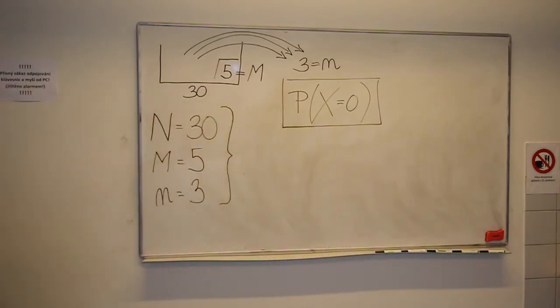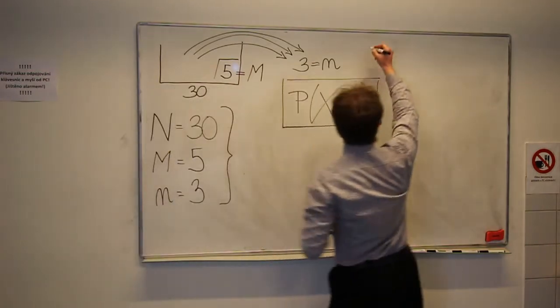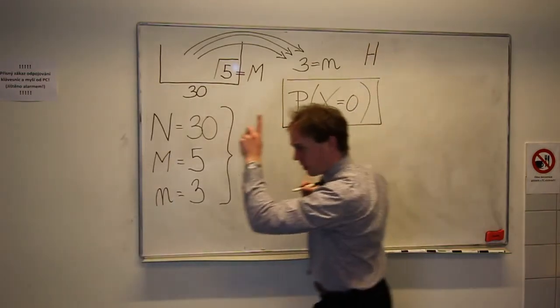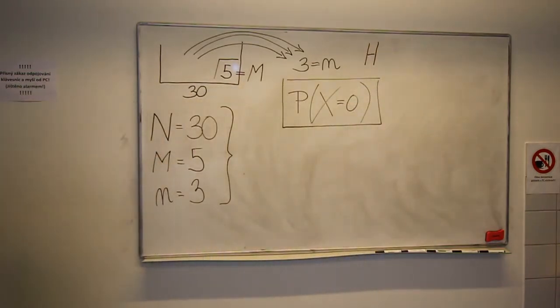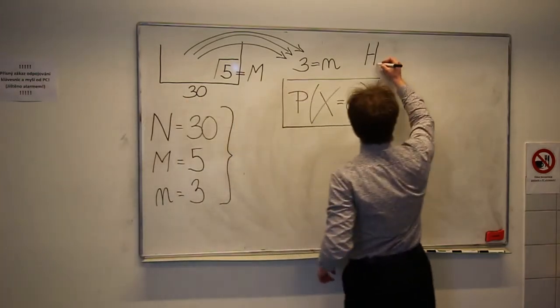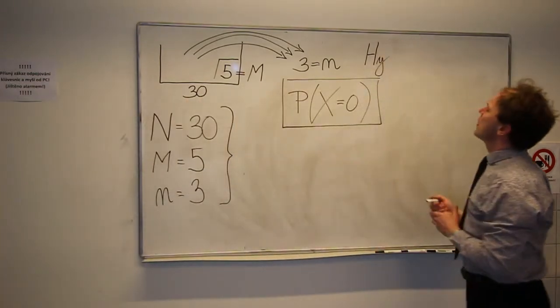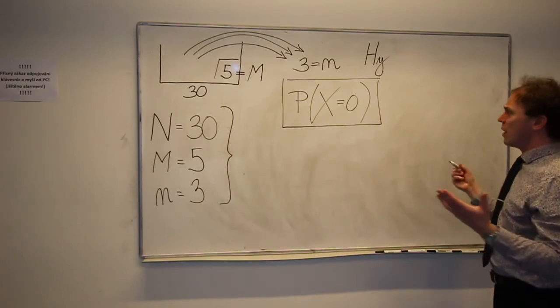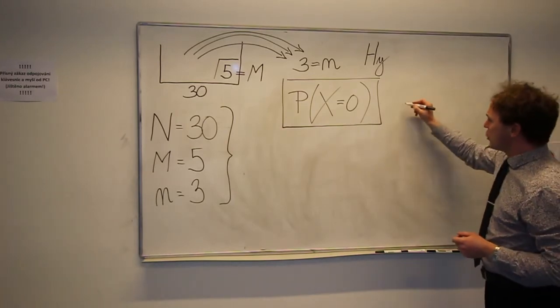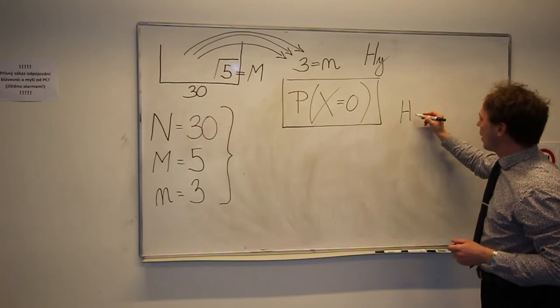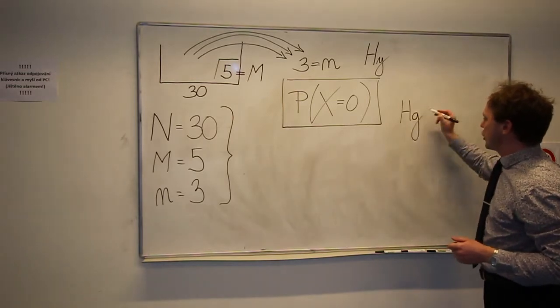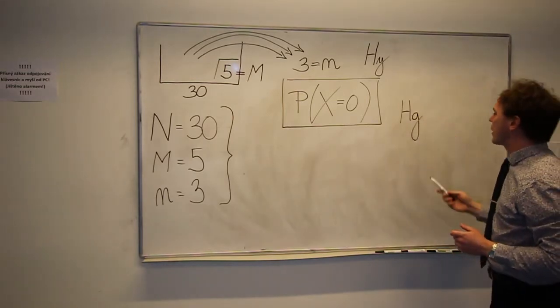So I will check the formulas and I can see hypergeometric distribution. There is written HY, hypergeometric distribution. In different literature, you can find, for example, HG, like hypergeometric.